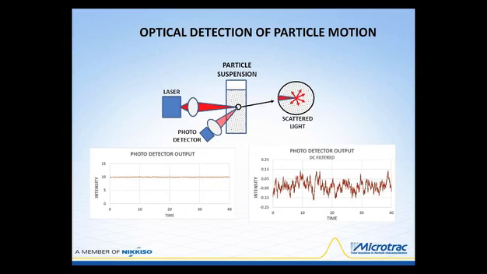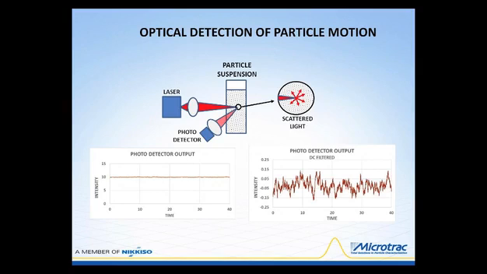If we look at the photodetector output, it has a general intensity that is constant over time at a DC level. In the left-hand plot, you see essentially the DC intensity with a little bit of ripples showing through.